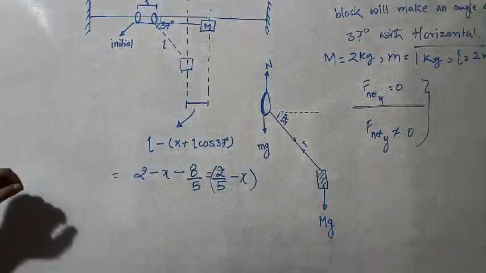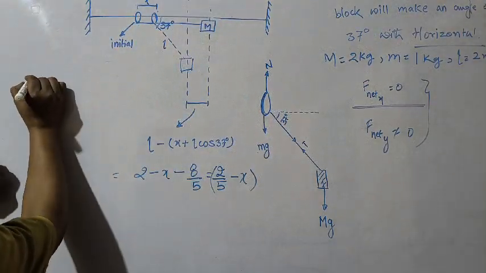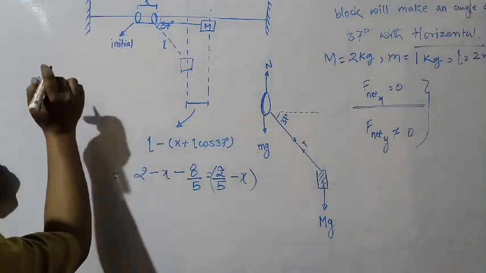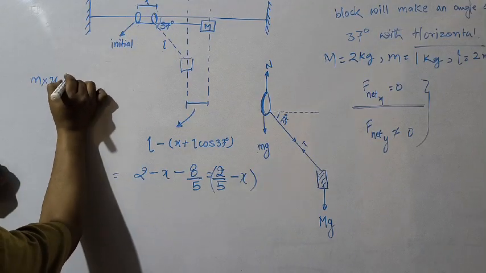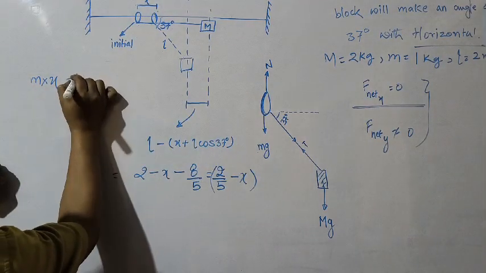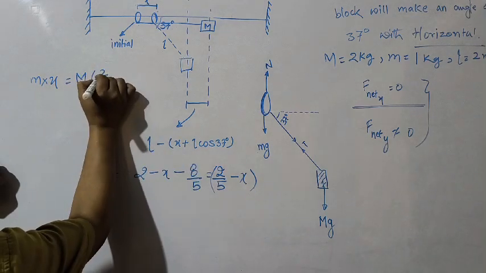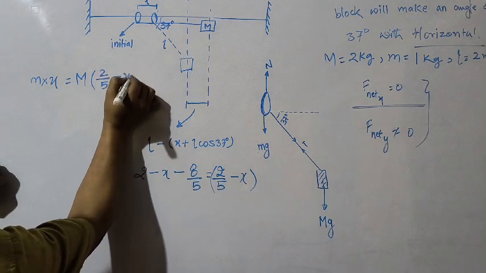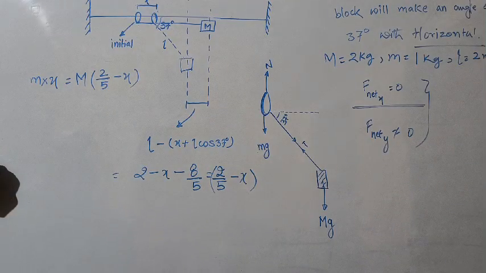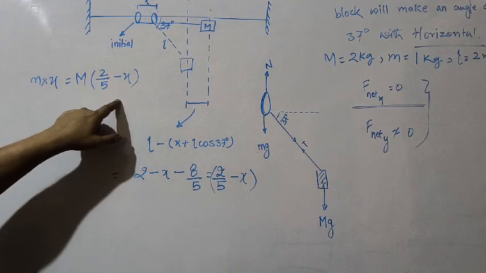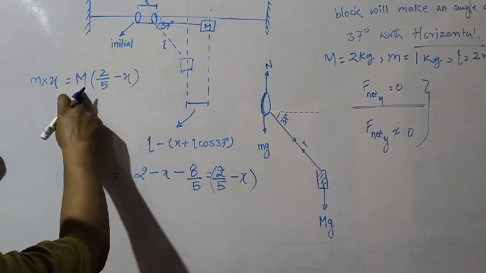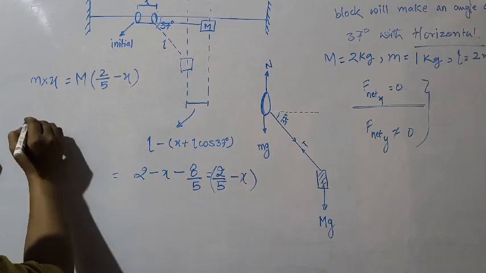Okay, so what can I write? I can write small m for the bead into x is equal to capital M for the block into 2 by 5 minus x. So here what we have to find out? We have to find out x. Putting the values, capital M is equal to 2 and small m is equal to 1.